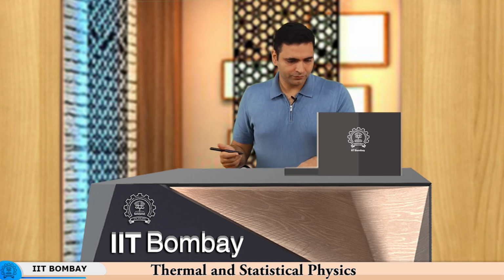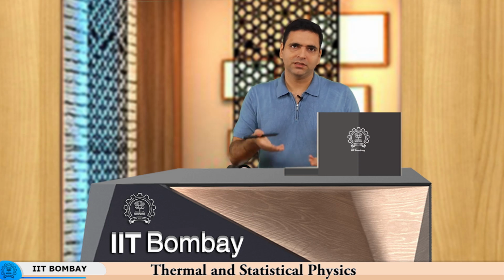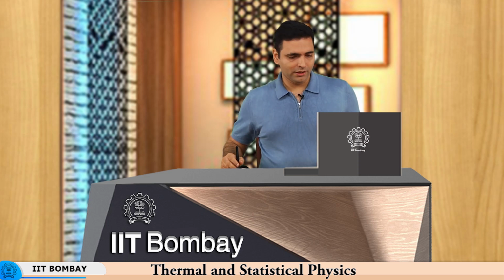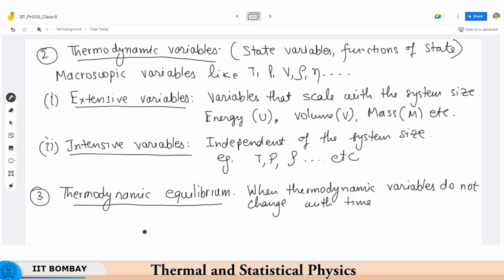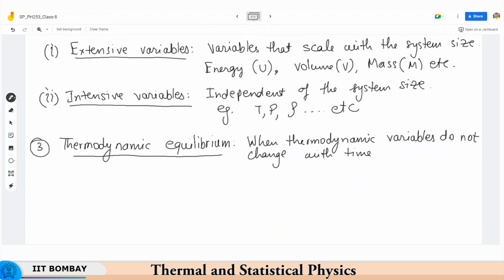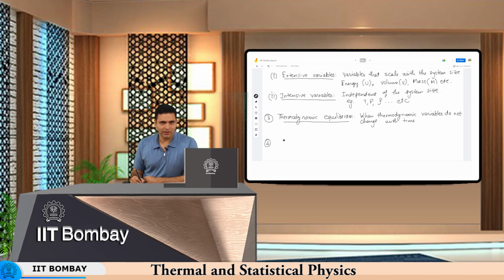And similarly pressure, density and so on. All these variables, if they do not change with time, then the system is said to be in thermodynamic equilibrium. The next thing is known as a thermodynamic process.